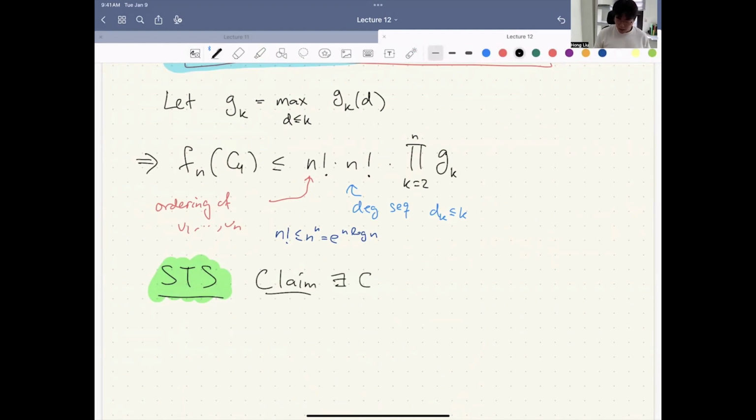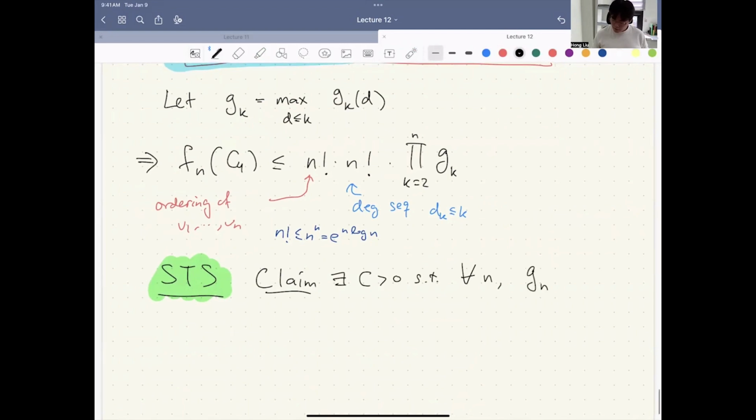There exists a constant C such that for any n, Gn is at most 2 to the C square root n. If this is true, every one of these terms, let's just take the maximal n, which is little n here. Maybe this is confusing. Let me write capital N.